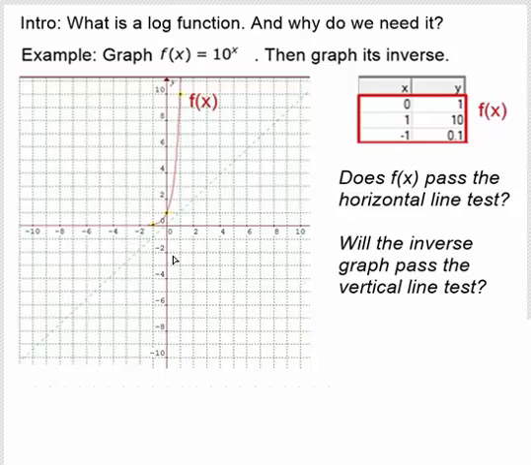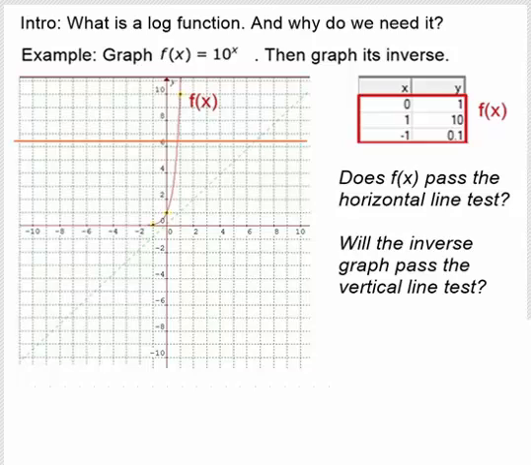If we do the reflection across that line, we get a graph that passes the vertical line test. Also, we had a horizontal line test with inverse functions that said if a horizontal line does not pass through more than one point of f of x, then f of x will have an inverse. And here, no horizontal line passes through more than one point of f of x. So f of x has an inverse.